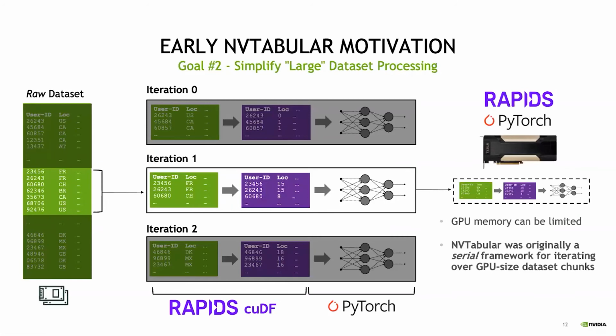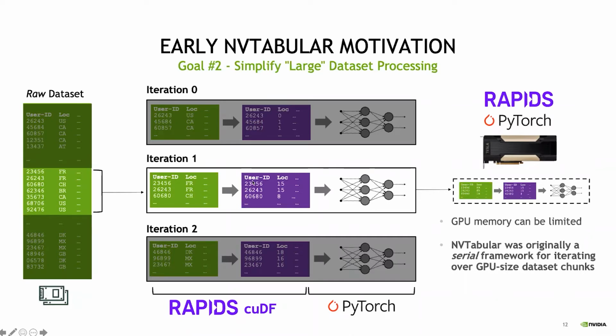The other goal of NVTabular early on was that we wanted to simplify the use of cuDF for pre-processing larger than memory datasets. It's important to keep in mind, GPUs can really accelerate your workflow, but at the same time, there are limited memory resources. This is getting better, but historically, the memory has been more limited than in CPU. So what you really need to do for cuDF is to take just some slice, some chunk of your dataset.